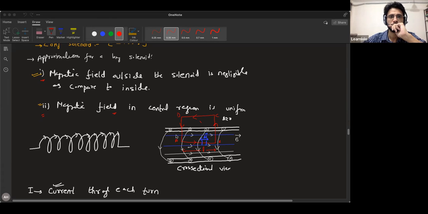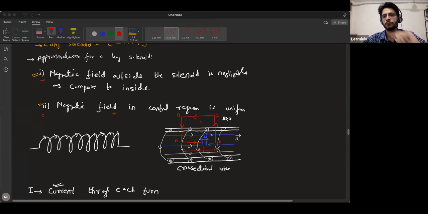Take a long coil with many circular turns of insulated copper wrapped closely in the shape of a cylinder. This type of coil is called a solenoid. The electromagnetic effect of a solenoid is used in several appliances.